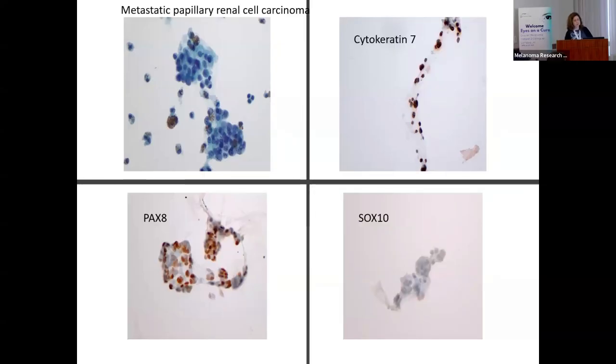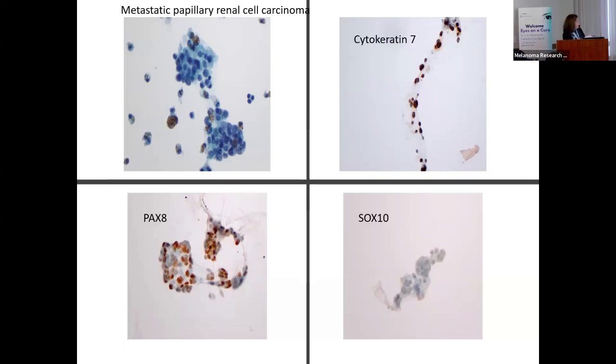And here's an example. This is a patient who had a tumor from the kidney in the eye. And we didn't know what was going on, honestly. So it's weird to have a kidney tumor metastasize to the eye. We tried to make a paraffin tissue block. We did not have enough material on that. So we took the cells right off the slide we used to make the diagnosis.